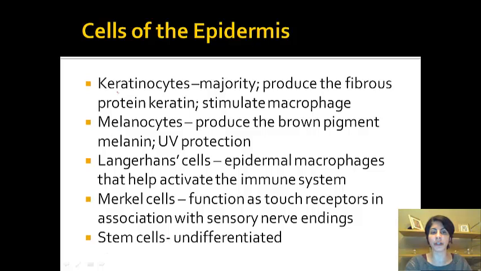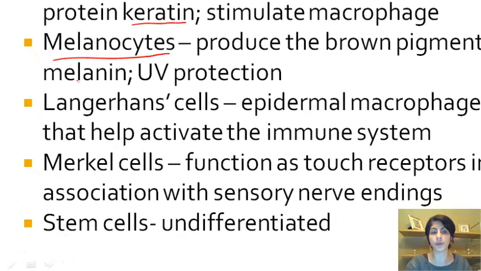Before we talk about the 5 layers, we need to find out who's hanging in there. So these are the cells of the epidermis. Keratinocytes are the majority, and they produce keratin. Melanocytes produce the pigment melanin, and melanin is used as a way to protect yourself from the sun's rays, specifically UV protection.